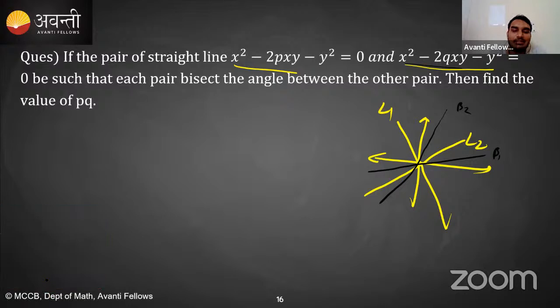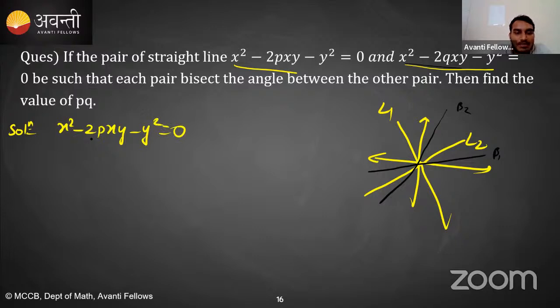How will you proceed? Can anybody tell me in the chat box how you will proceed for this question? Okay, let's say x square minus 2pxy minus y square is equal to 0.